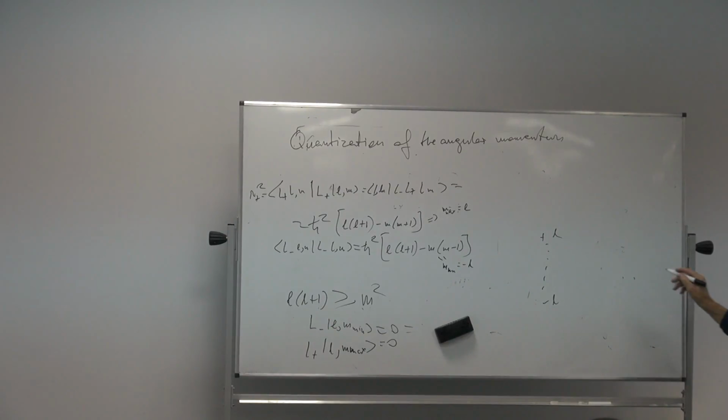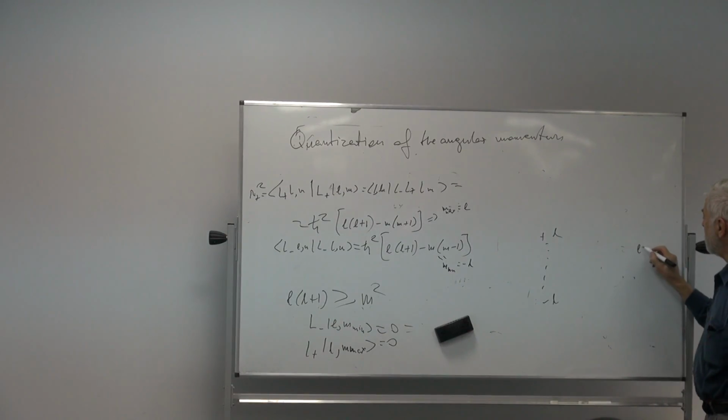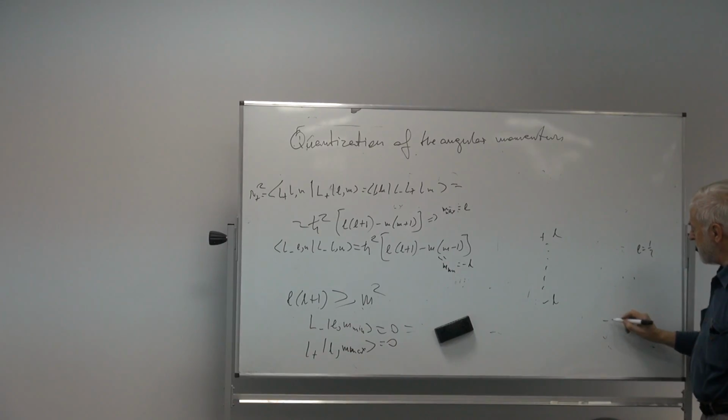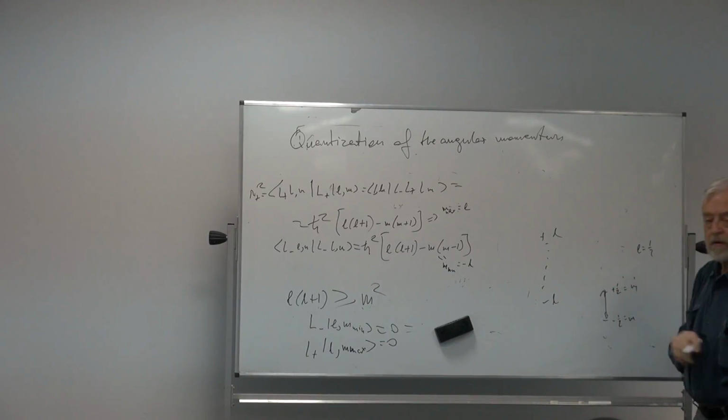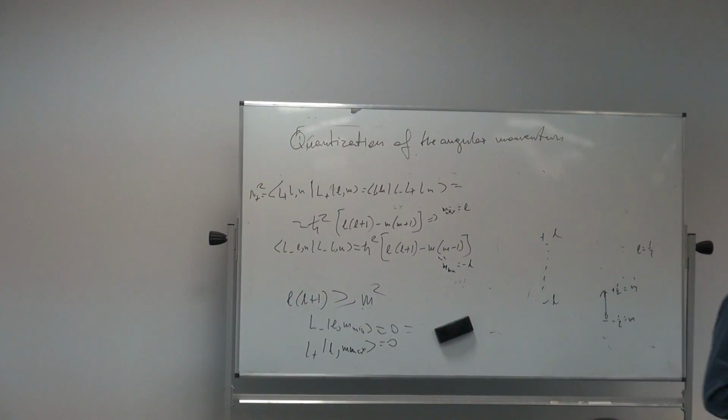For instance, if L is equal to 1/2, then we have the minus 1/2 state and plus 1/2 state for the m. And obviously there is 1 unit linking these two things.